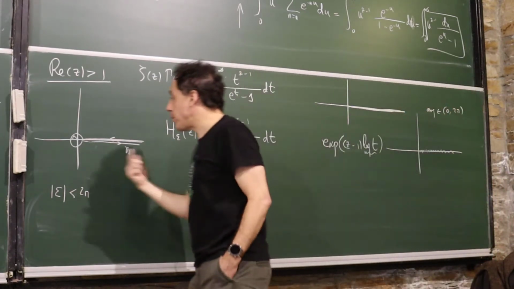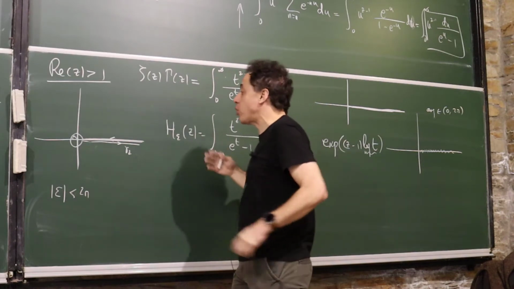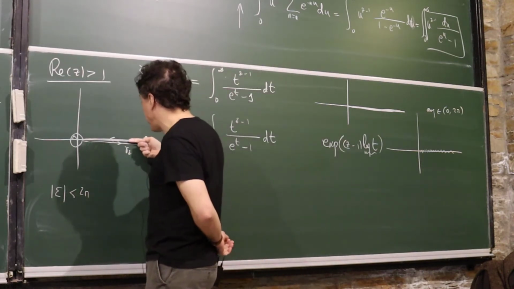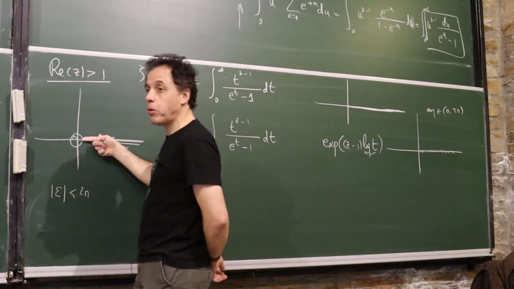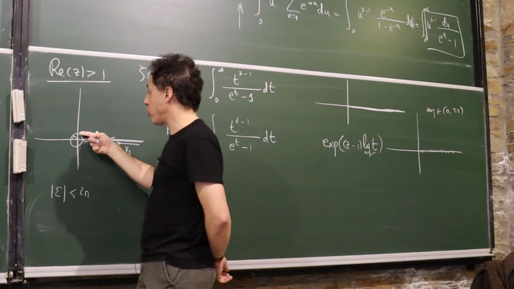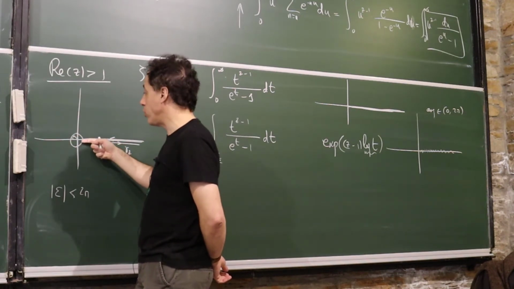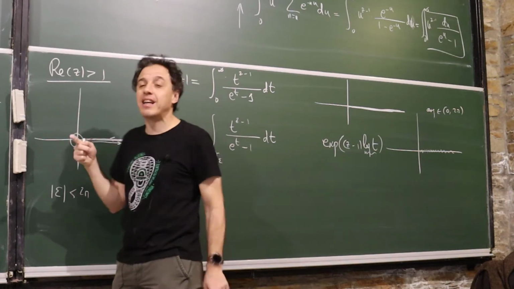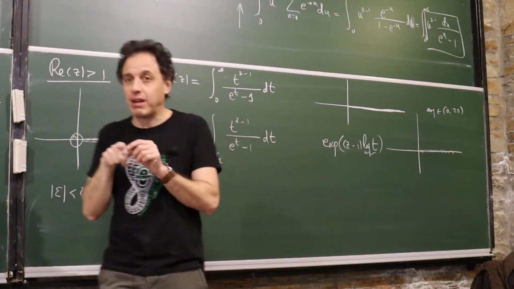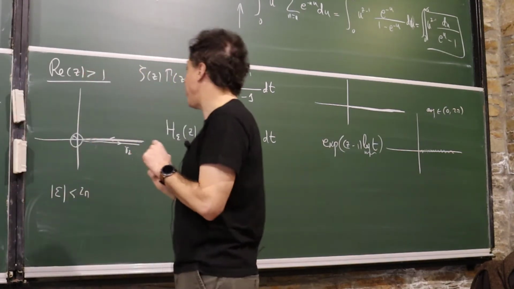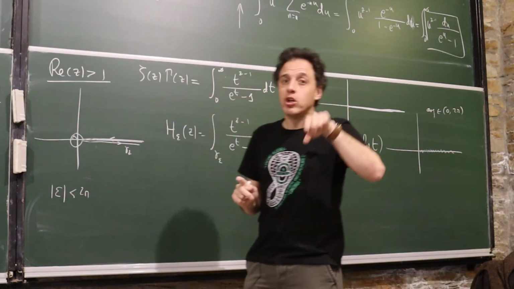So you can imagine that if you extend continuously, when you come here, the argument of these points is 0. Now you make a turn here, and when you come back, you don't come back with the same function. You come back with the function where the argument is now 2 pi.